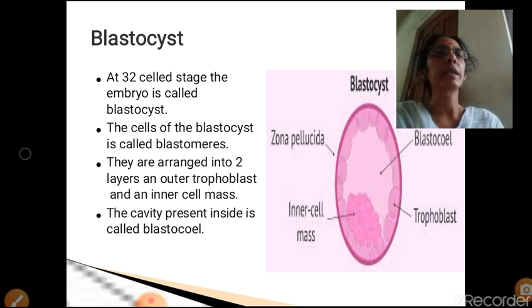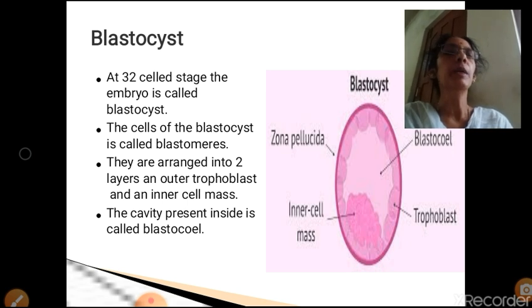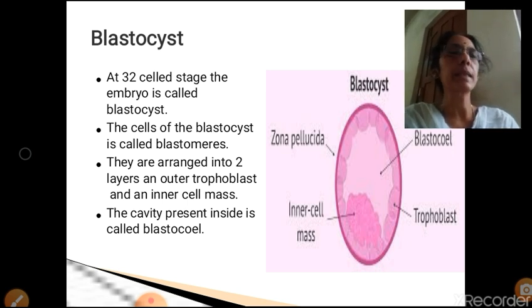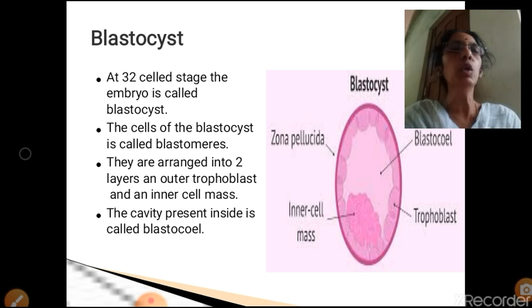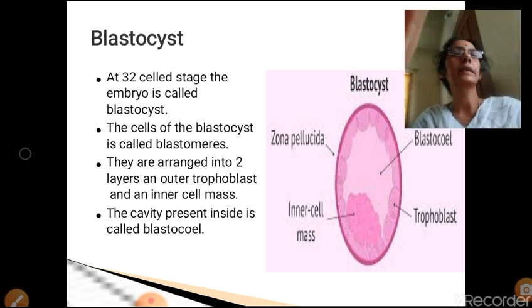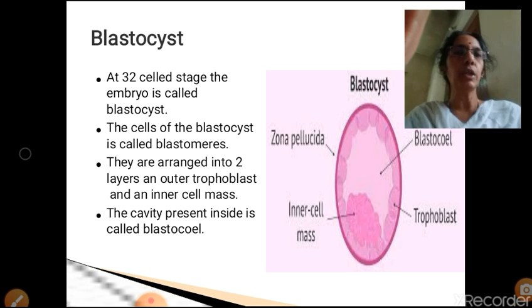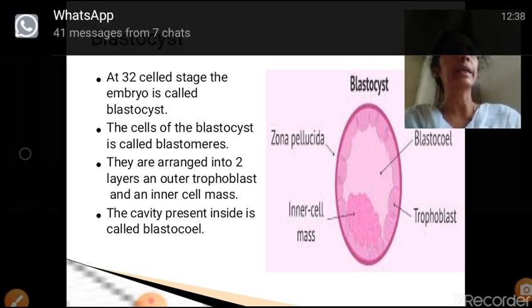Now, here you can see the structure of a blastocyst. So, how many cells are present? 32 cells are present. At this 32-celled stage, the cells are arranged in the form of 2 layers.